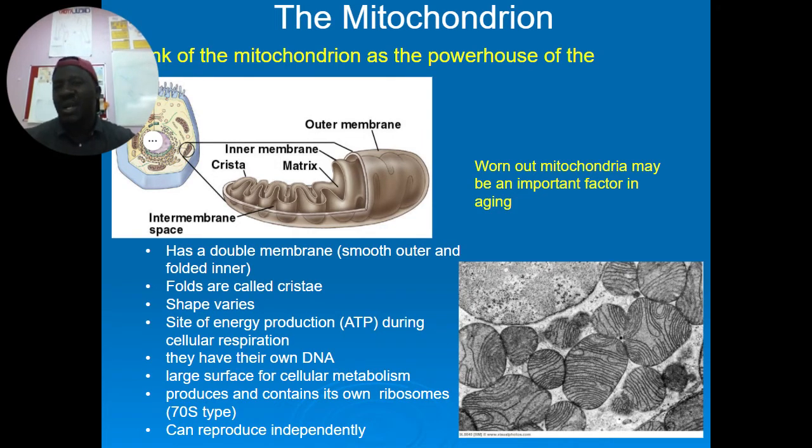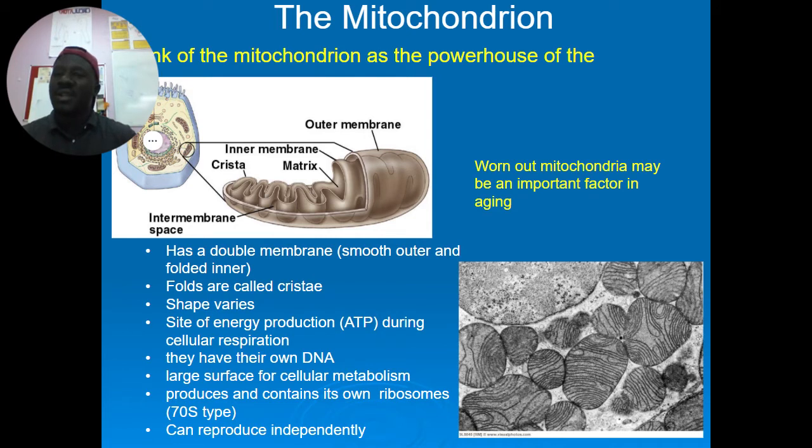So how do I describe the structure of a mitochondrion? I can use 4 to 5 statements to get my marks as required by the IB or any examination body. One, a mitochondrion is a sausage-like organelle. It is double membranous.